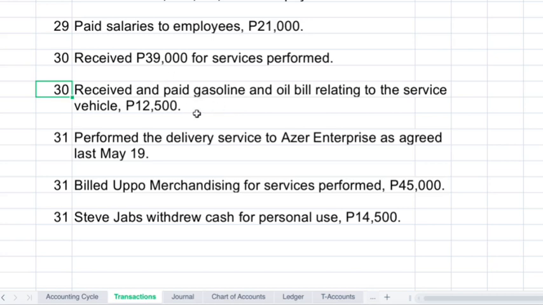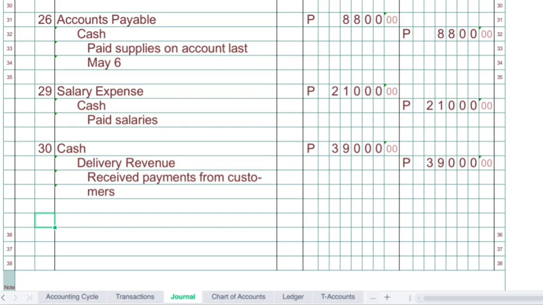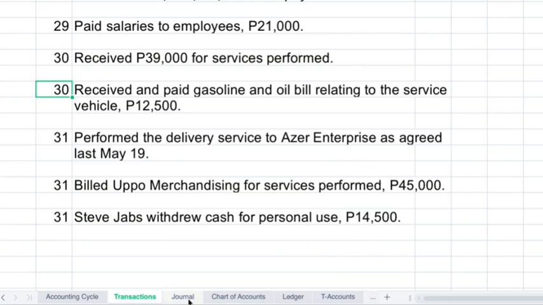And then we paid, so nag-decrease yung ating cash. So the two accounts affected here are gas and oil expense and cash. So for the debit, we'll have gas and oil expense. Again, expenses increases on the debit side. So that is how much? 12,500.